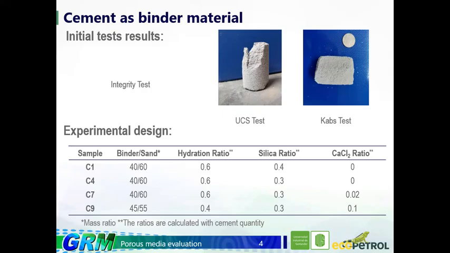So that's the reason we developed an experimental design, varying the binder-sand proportion, the hydration ratios, the silica ratios, and also the presence of an agent, CaCl2. These were mass ratios, and the ratio of CaCl2 was calculated relative to the cement quantity.